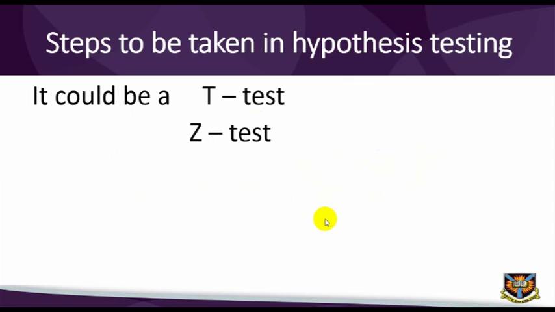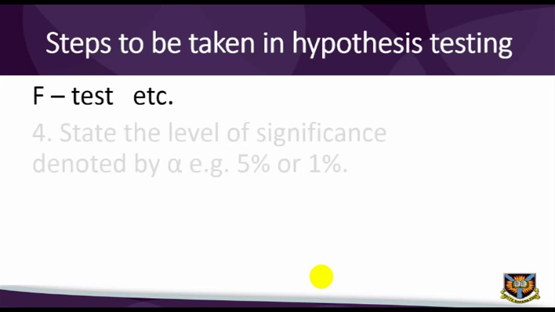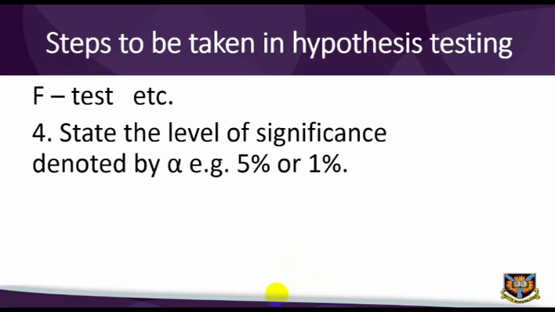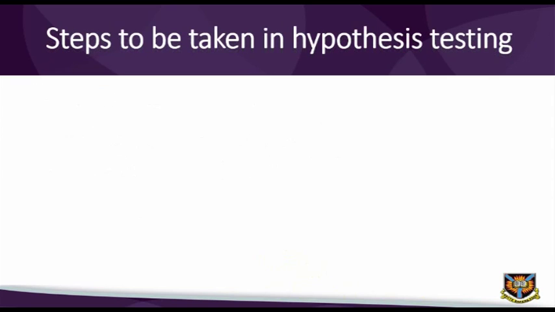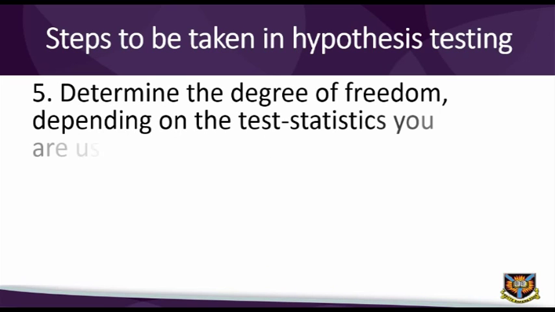It could be a t-test, z-test, chi-square test, correlation, f-test, etc. 4. State the level of significance denoted by alpha, e.g. 5% or 1%. 5. Determine the degree of freedom depending on the test statistic you are using.